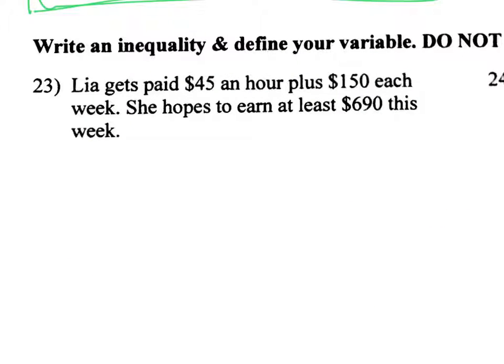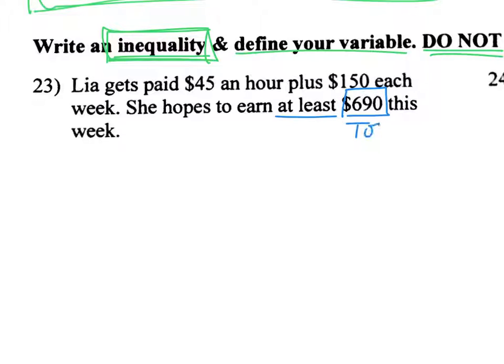All right, last section has very similar directions. It says to write an inequality, define the variable, do not solve. So inequality means we're going to have greater than or less than or greater than or equal to, one of those things. So again, we're reading for a total or a comparison. This says she hopes to earn at least $690 per week.